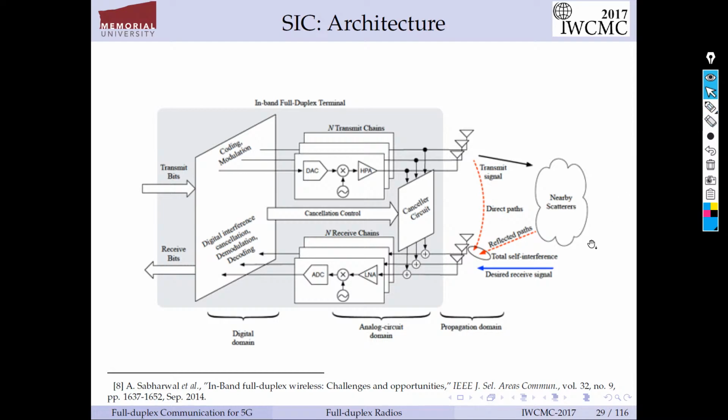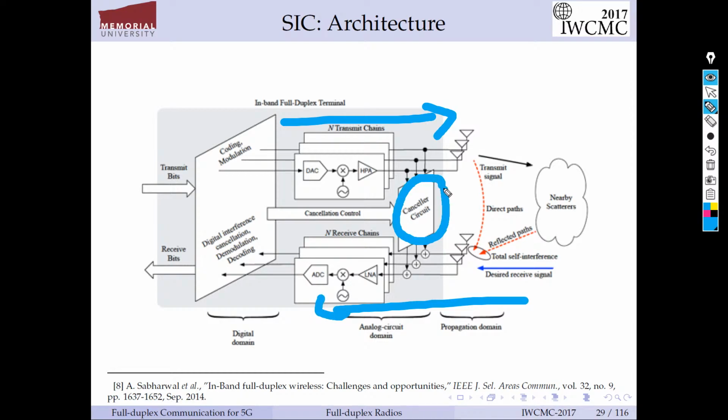So for this, this is an example of a technique that cancels the self-interference in the analog circuit, where you have your transmitter. This is the transmit chain and this is the receive chain, and you have a canceller circuit in the analog domain before the antenna.